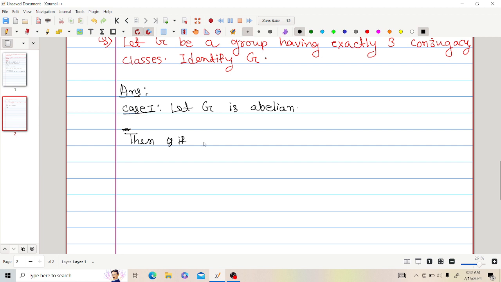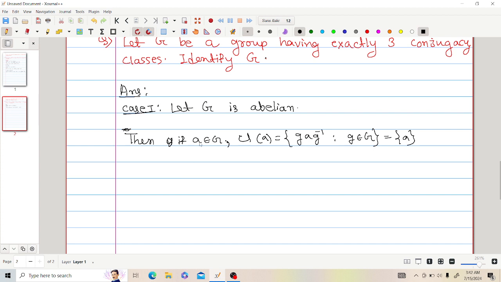If a belongs to G, then what is the class of a? The class of a is the collection of all elements of G which are conjugate to a. Now since G is abelian, these two commute and this becomes a singleton.